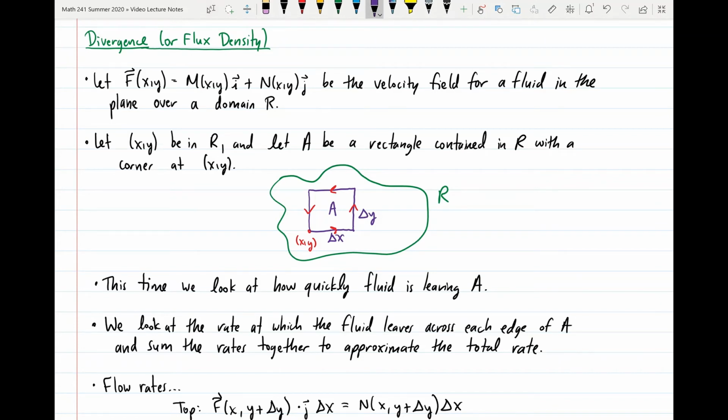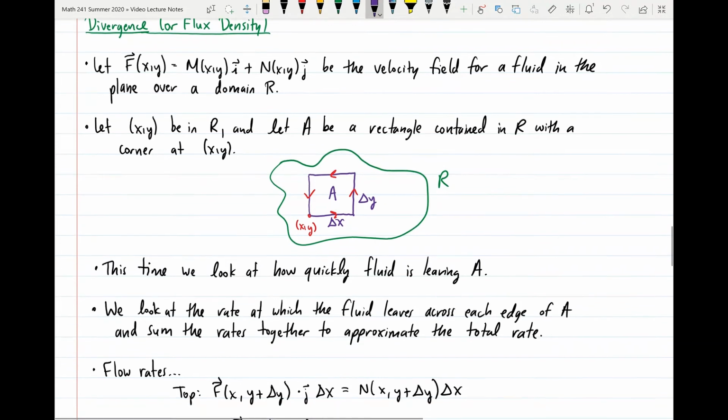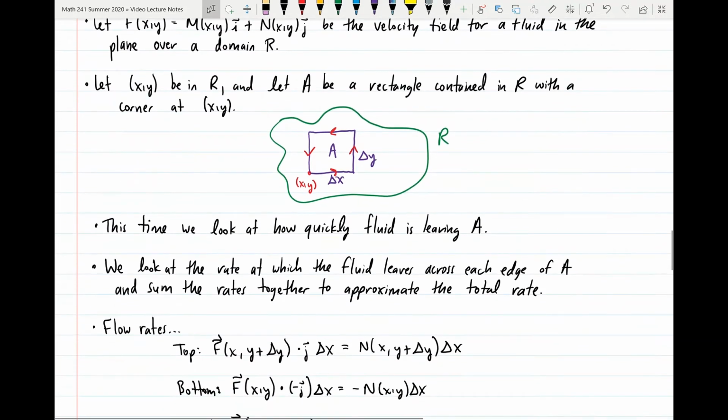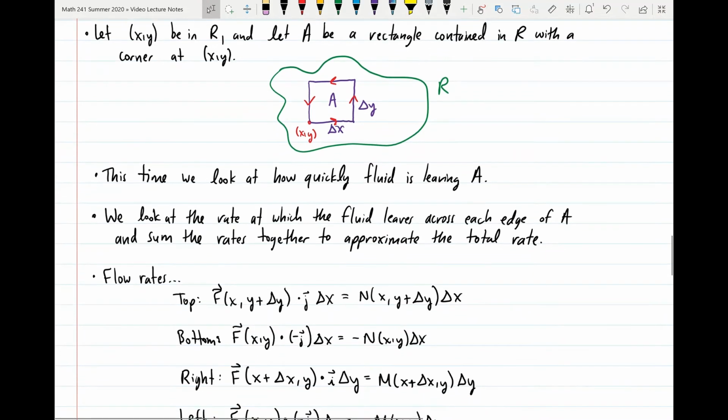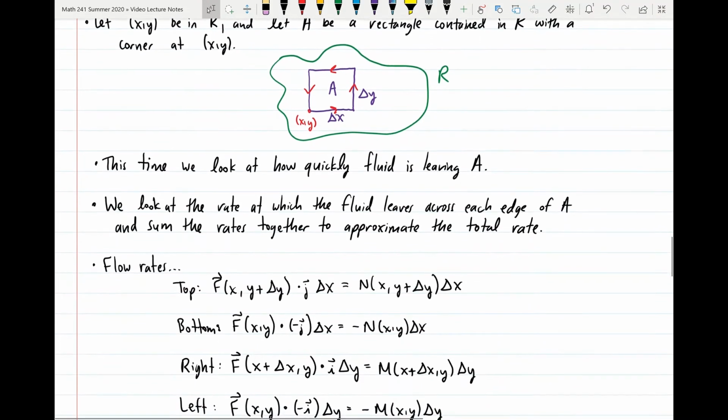So it's completely contained in R, just like in our derivation of circulation density, with one of the corners at x, y. So we have the same picture that we had for circulation density, but this time we are going to look at how quickly fluid is leaving A, as opposed to the circulation rate around the boundary of A. So we're focusing on flux now, as opposed to flow and circulation.